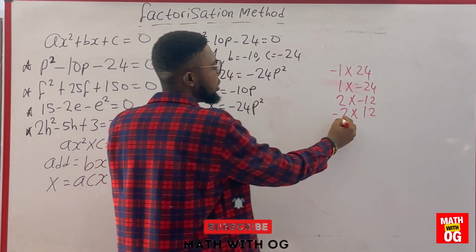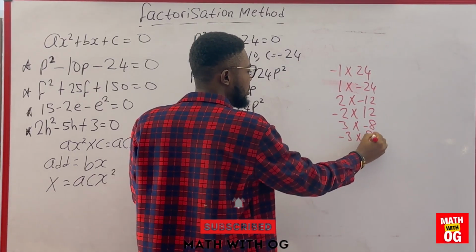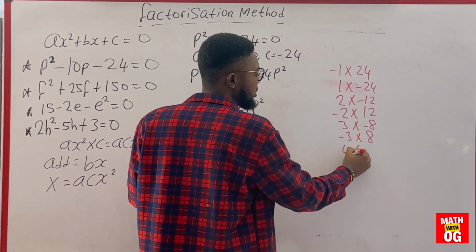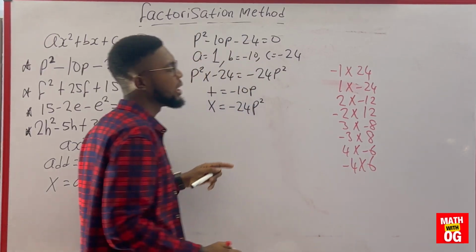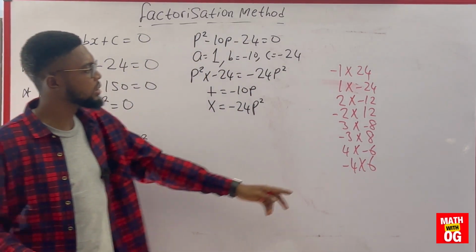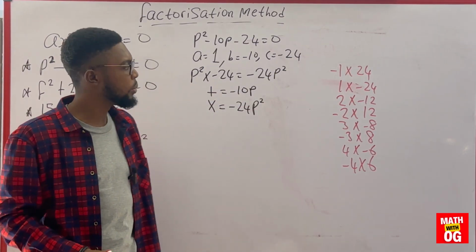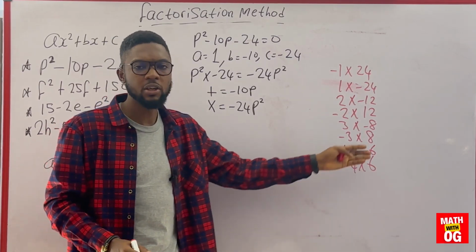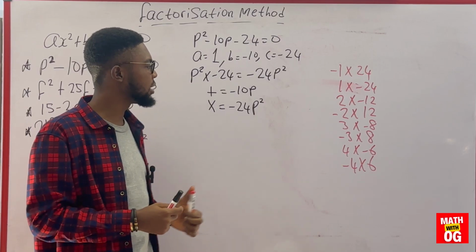For 3, you can have 3 multiplied by minus 8, or minus 3 multiplied by 8. Next you have 4: 4 multiplied by minus 6, or minus 4 multiplied by 6. I believe 5 cannot go, and we've already worked with 6 and 8. So these are the possible multiplications that will give me negative 24.